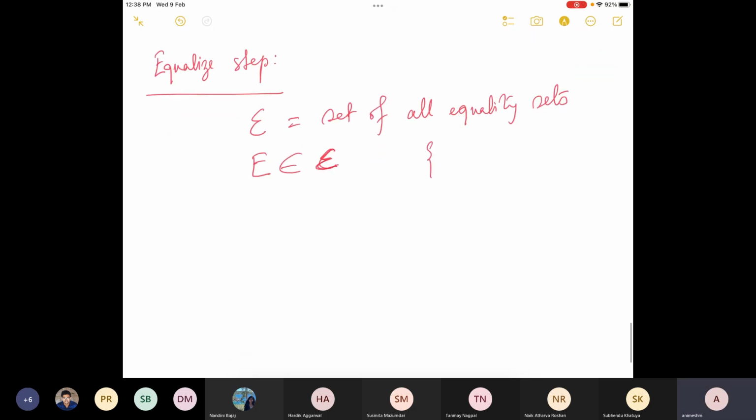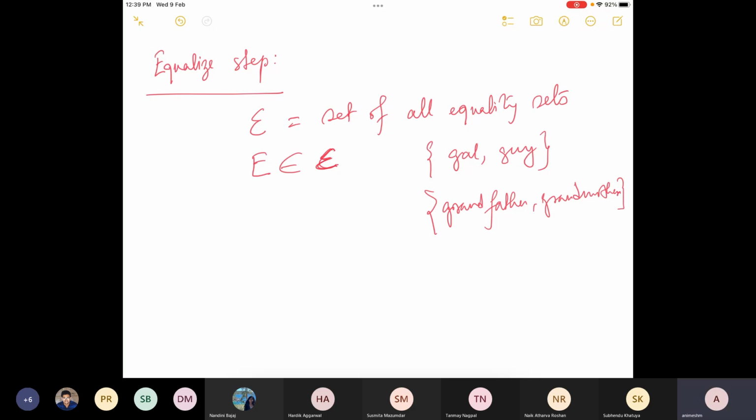So these sets are like gal, guy, grandfather, grandmother, etc. So these are all equality sets.